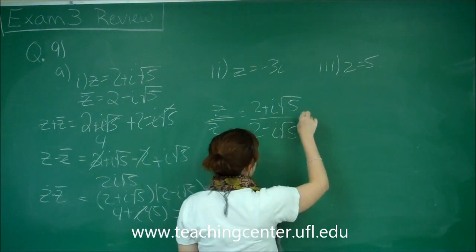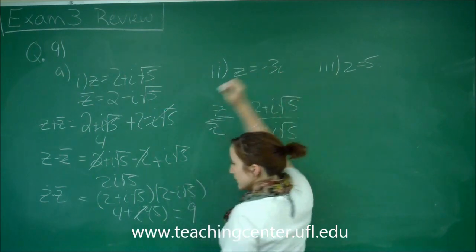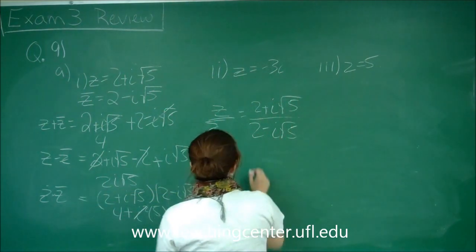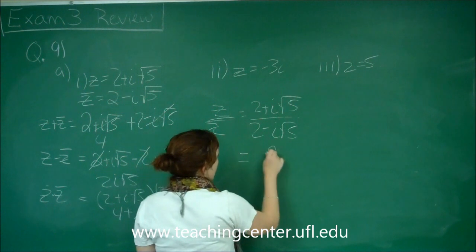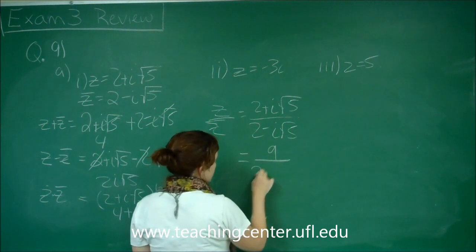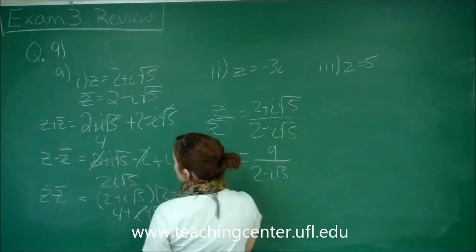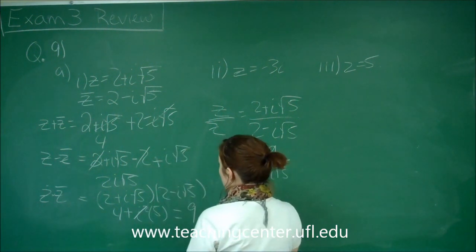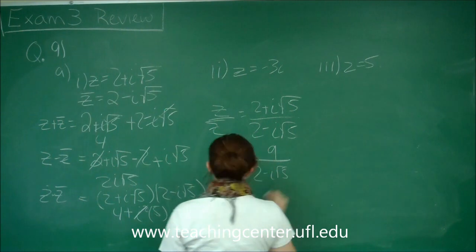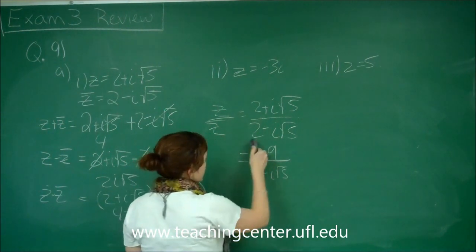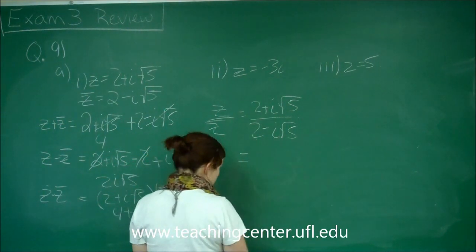So multiply top and bottom by z bar. And I already know what z times z bar is. So that's going to give me 9 on top over 2 minus i square root of 5 times its conjugate, which is the same thing as the top. So the bottom becomes 9.